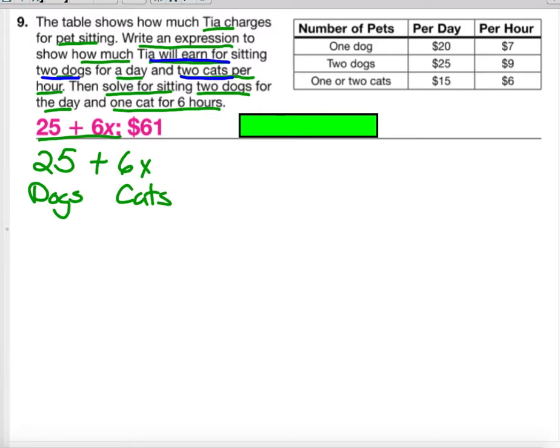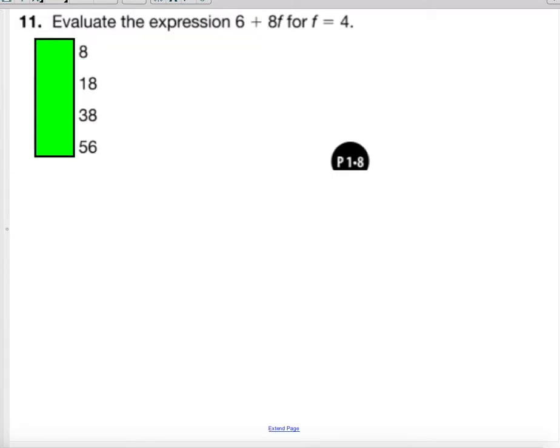Alrighty. Let's take a look at this expression. In this case, they want you to evaluate the expression 6 plus 8f for f equals 4. So again, all you have to do is take your original expression and replace the value of f.